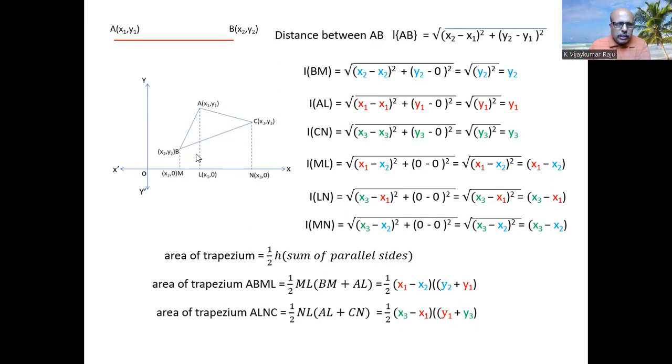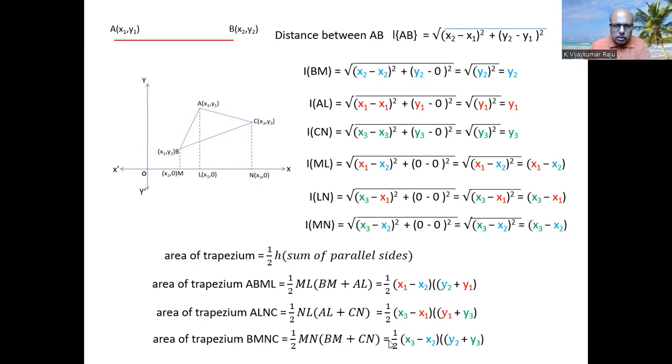Now take this bigger trapezoid, BMNC. So height is MN, and the two parallel sides are BM and CN. So half MN. MN is x3 minus x2.